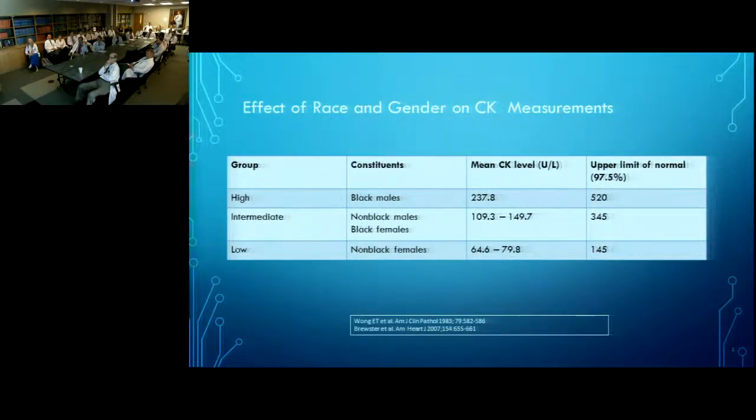So it tells you that females tend to have a lower level of CK, and if you are black and muscular, you are likely to have a high CK level compared to the rest of the population.